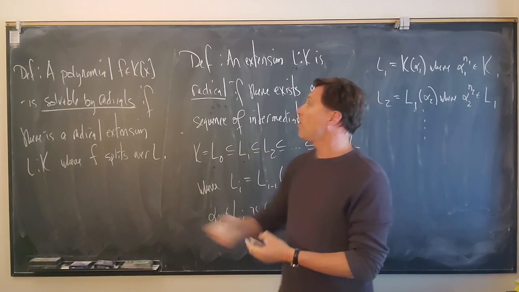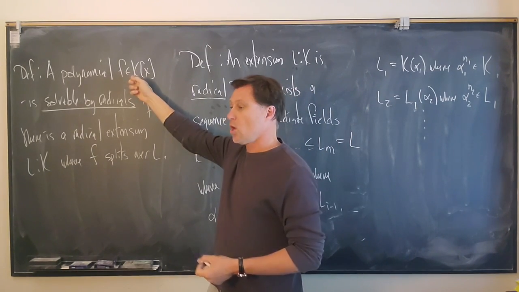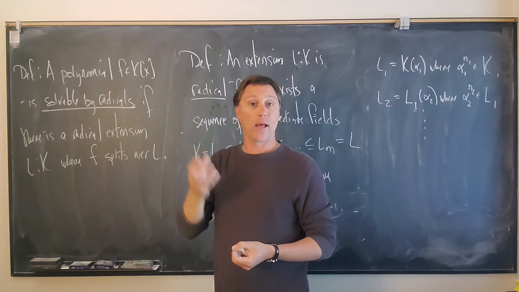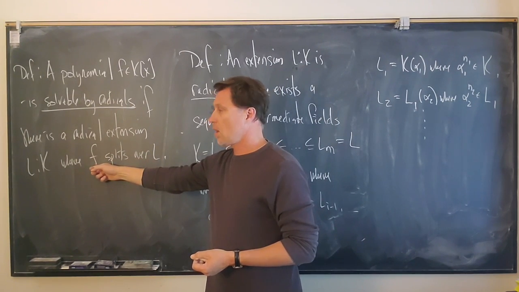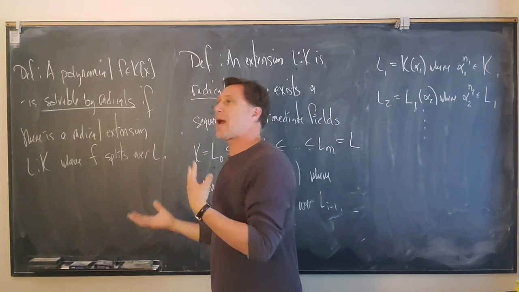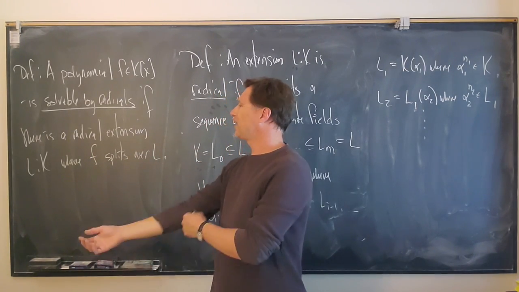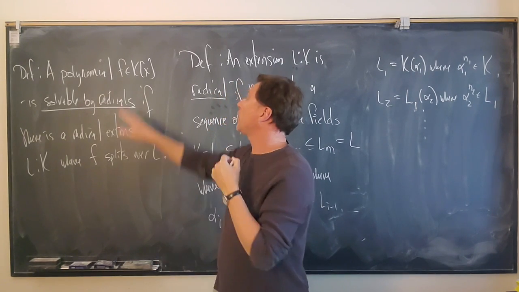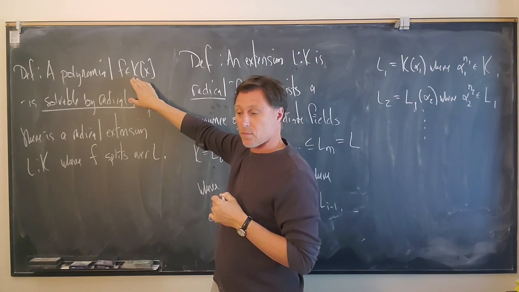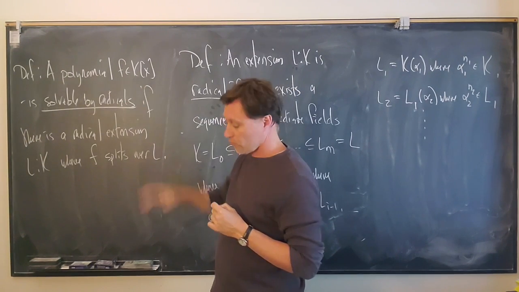What do you do from K? You adjoin radical elements, and so the roots of f can be built by adjoining radical elements to the base field, the field of coefficients right here.